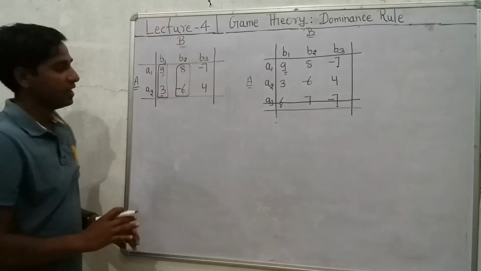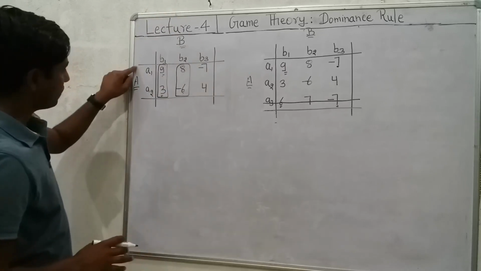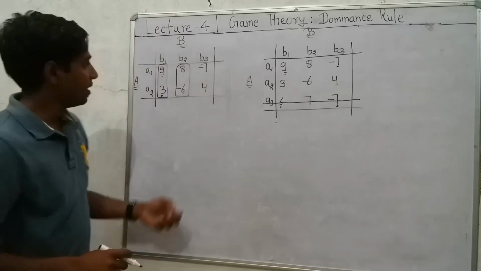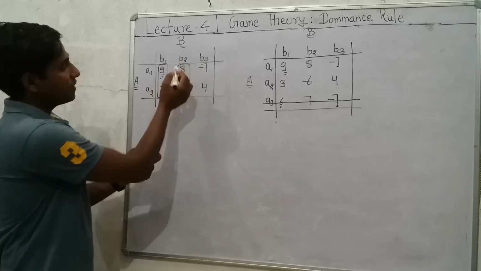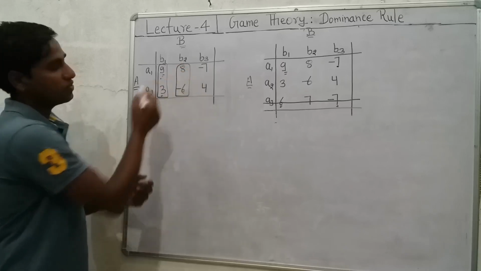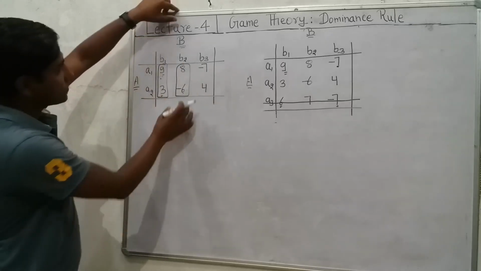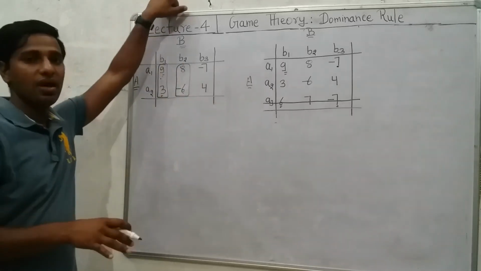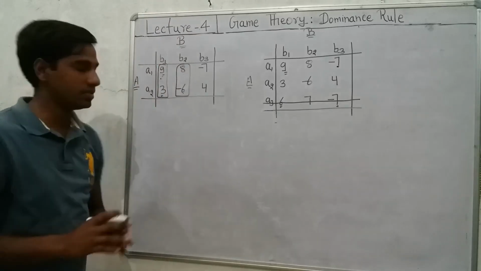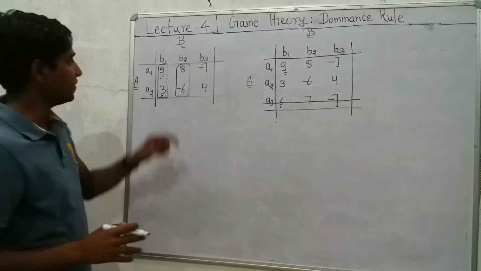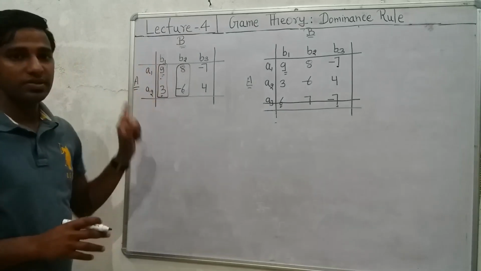So company B, in any case, irrespective of strategies adopted by company A, would not select the B1 strategy. Instead, company B would prefer to select the B2 strategy because it is giving better outcomes to company B. So the B1 strategy is of no use for company B, so we can eliminate the B1 strategy.